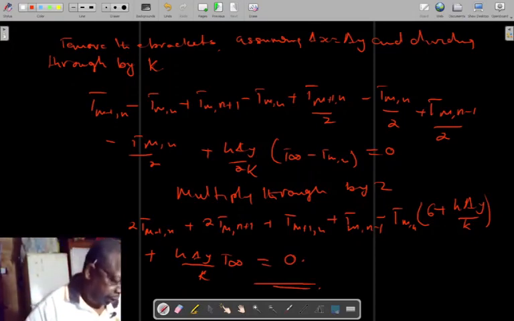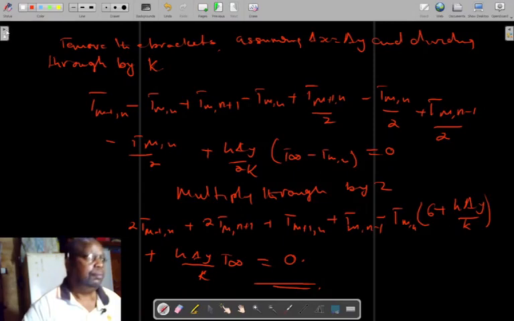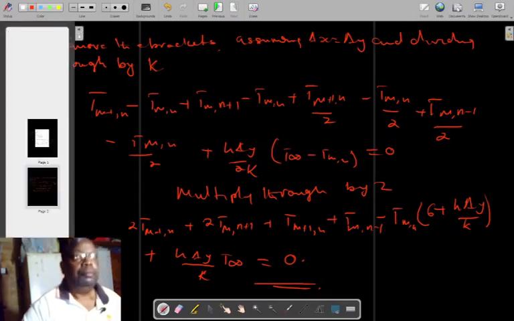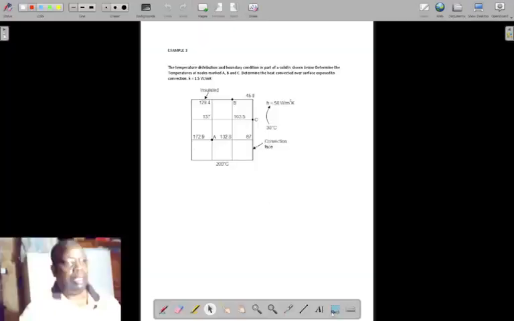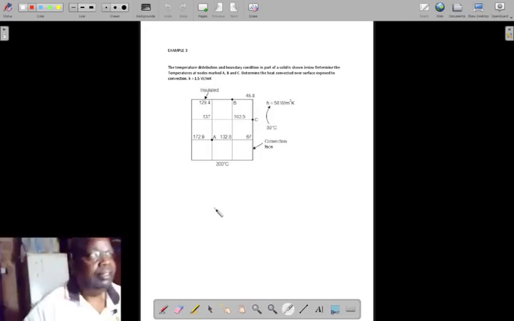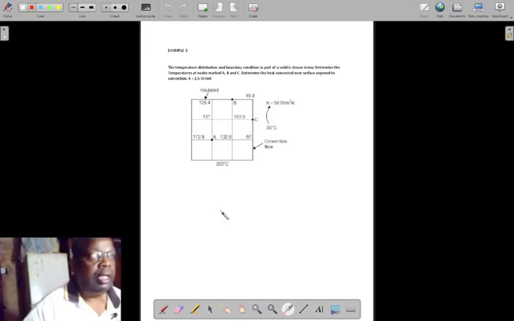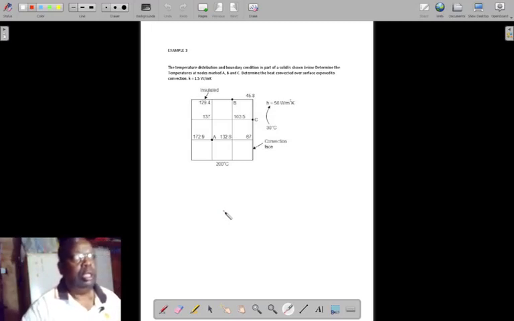So now let us have a look at example 2. That reads, the temperature distribution and the boundary conditions in a part of a solid is shown here.